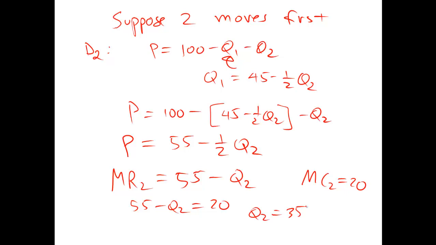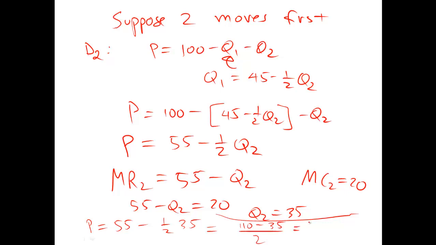Okay? What about the price? Well, we can plug 35 units of output into that demand equation, and we get that P equals 55 minus 1/2 times 35. We're getting a little tight on space here, but that equals 110 minus 35 all over 2.